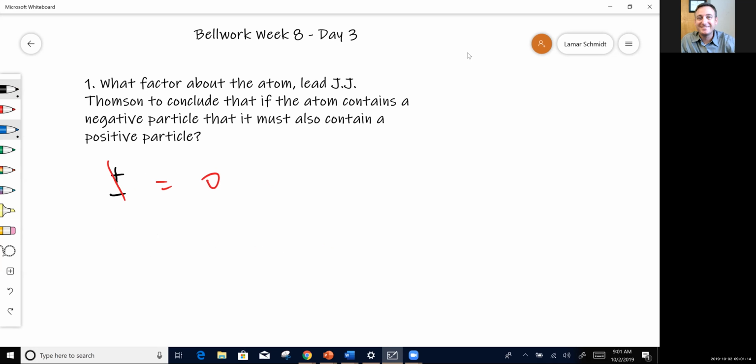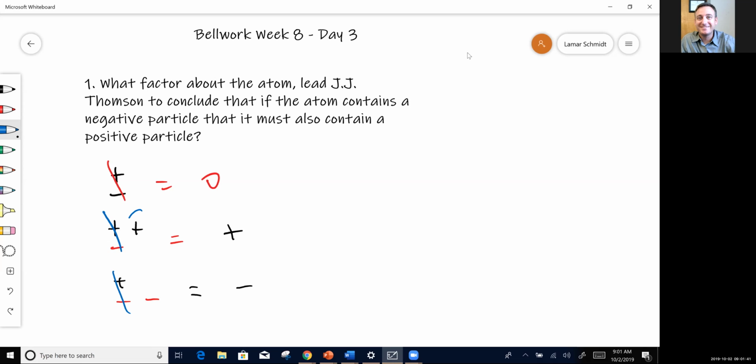Let's say you have 2 positives and 1 negative. What's my overall charge? My overall charge is going to be positive. Let's say I have 1 positive and 2 negatives. Well, then my overall charge is going to be negative. You can see this because these are going to cancel out.